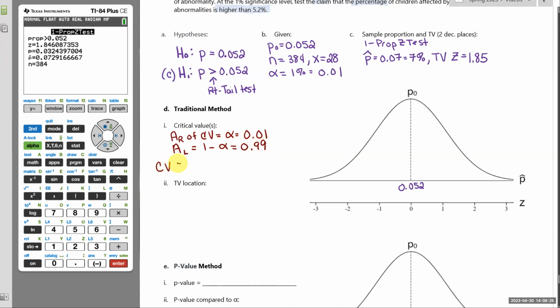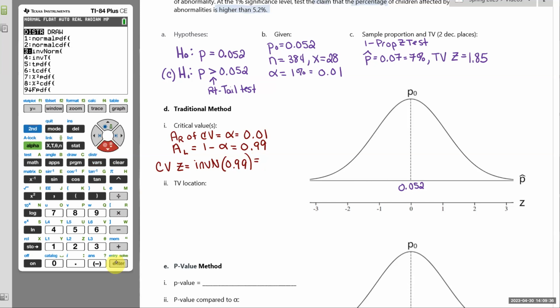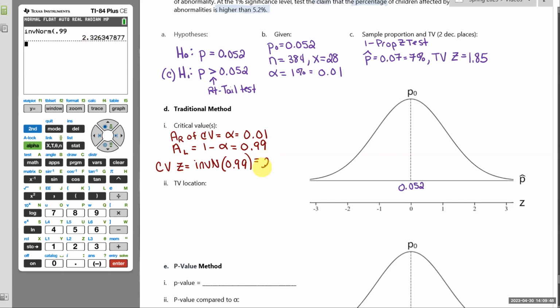So that critical value will be inverse norm of 0.99, and that is 2.33. And it's positive, that makes sense because it's a right tail test. The critical value should be on the right.